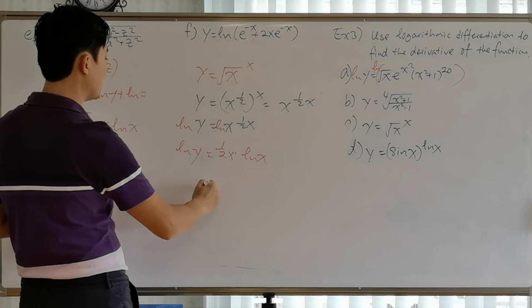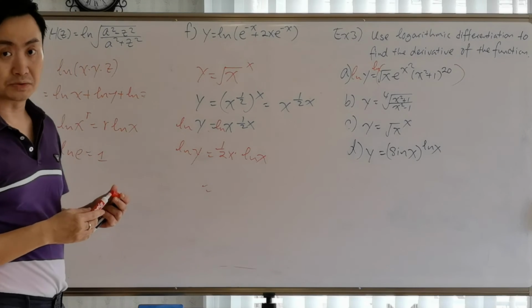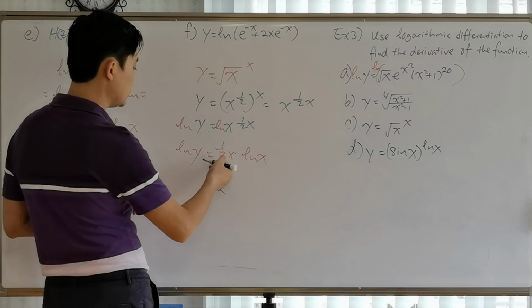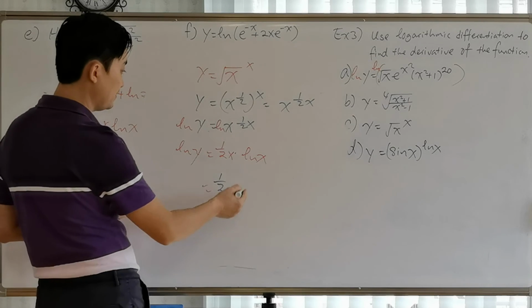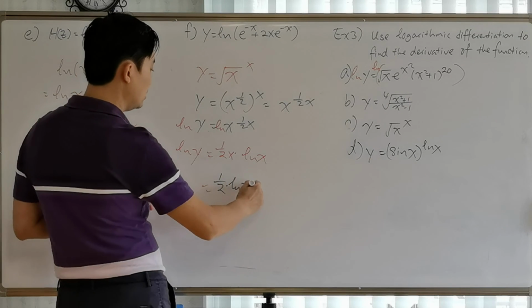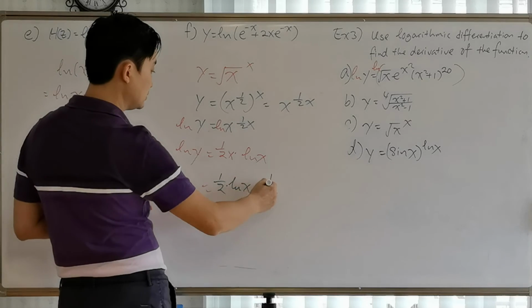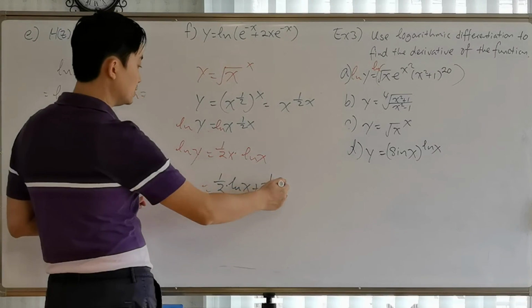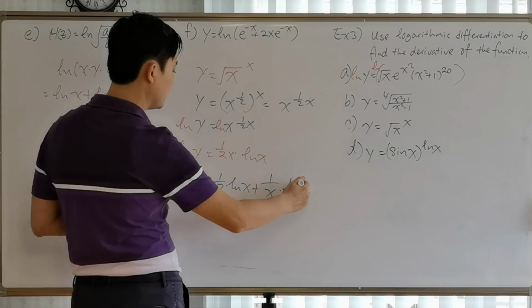And guess what we can do from here? On the right hand side, guess what we have to use? That's right, the product rule. So the derivative of 1/2 x, which is 1/2, times the second function, plus the derivative of the second function, the derivative of natural log of x, 1 over x, times the first function, 1/2 x.